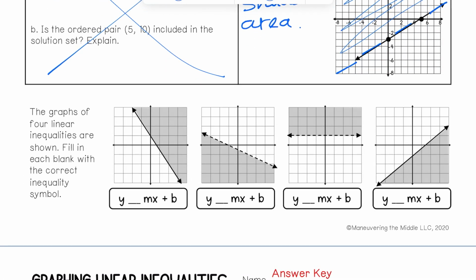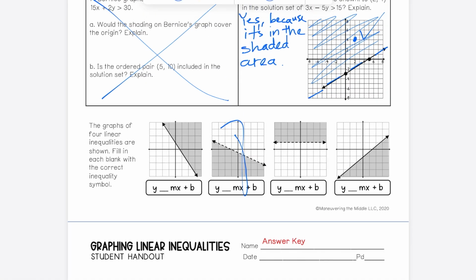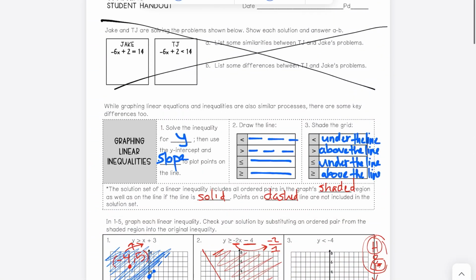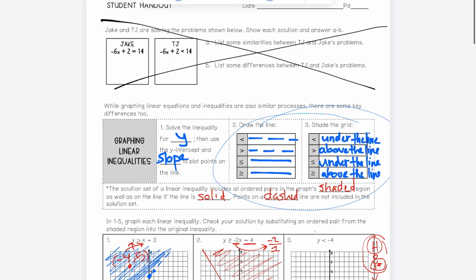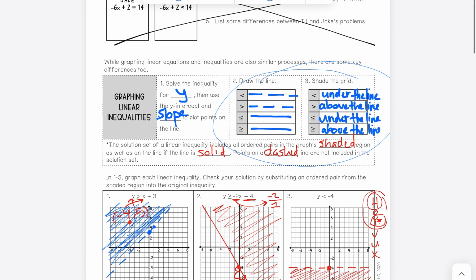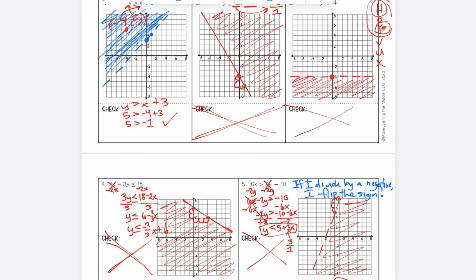And then last thing, the graphs of 4 linear inequalities are shown. Fill in the blank with each correct inequality symbol. So now it's just a matching game between these 4 and this bank up here. Your job is going to be to figure out which symbol makes sense with each one.